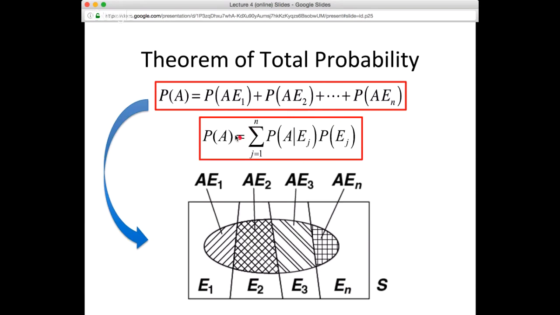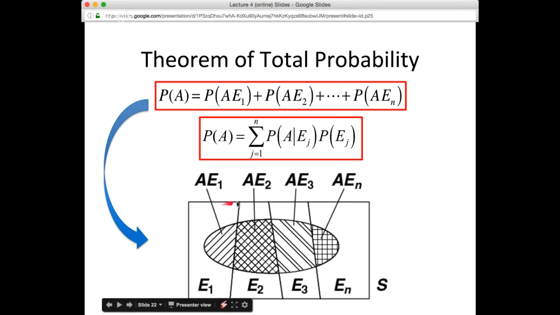On a deeper level, this expression here is getting to the conditioning of A with respect to each of these events. And you might have a little trouble visualizing what these conditions look like in a Venn diagram scenario, but maybe it'll be a little bit clearer here. So again, we can express the sum of the intersection of events as the sum of these conditional probabilities multiplied by the probability of the event. So what we're really doing is we're taking the probability of A, so the entire A here, but conditioned on E1.